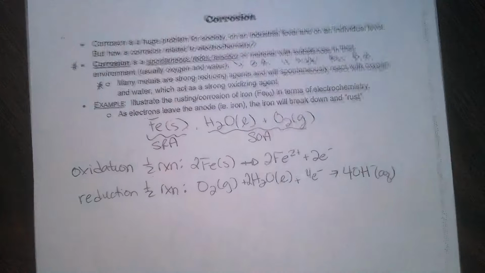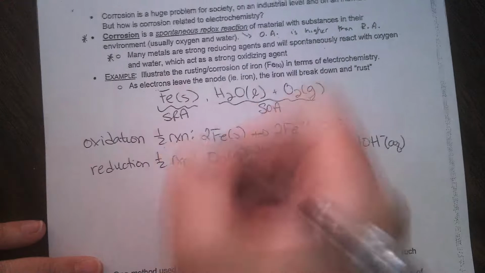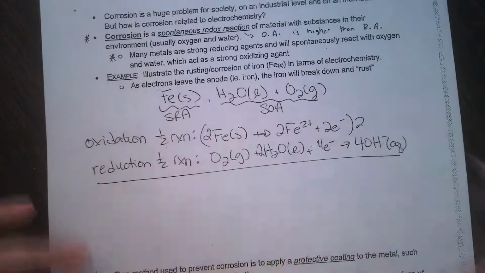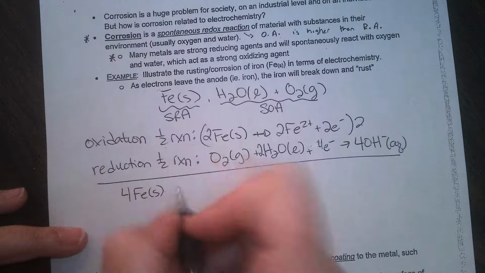Okay, so I've identified my two half reactions. What's my next step? Balance the electrons. And how do I do that? Multiply iron by 4, by 2. So I'm going to get 4 irons.